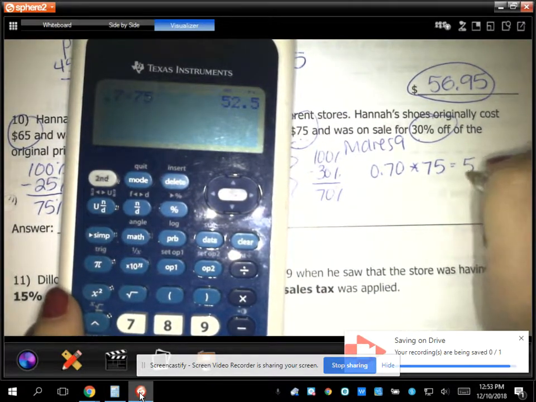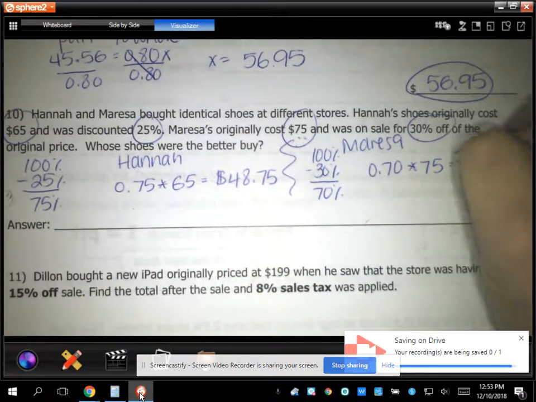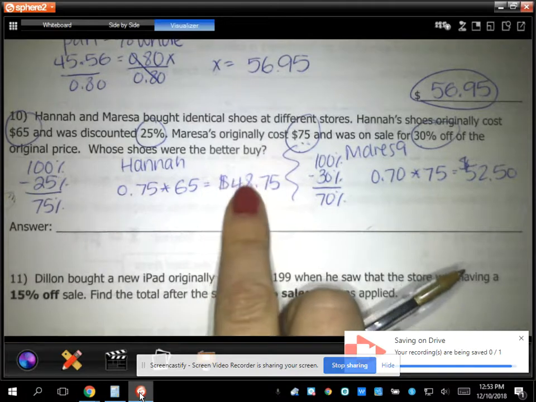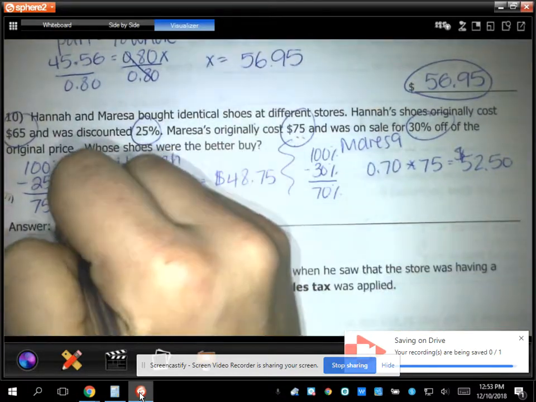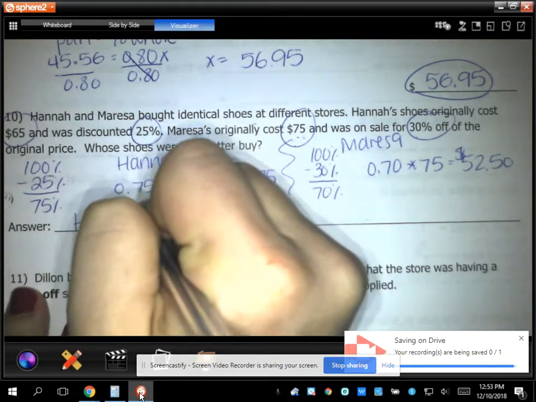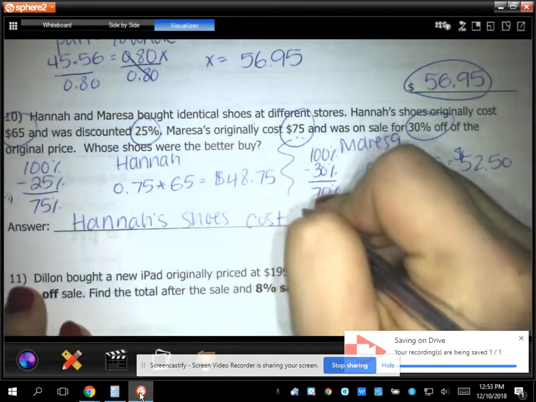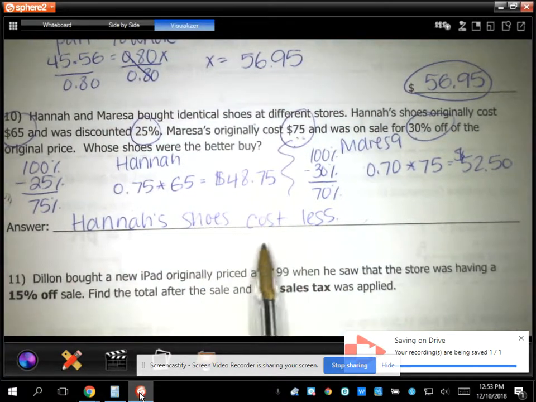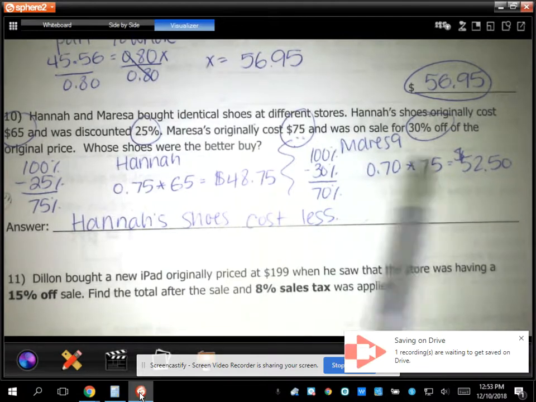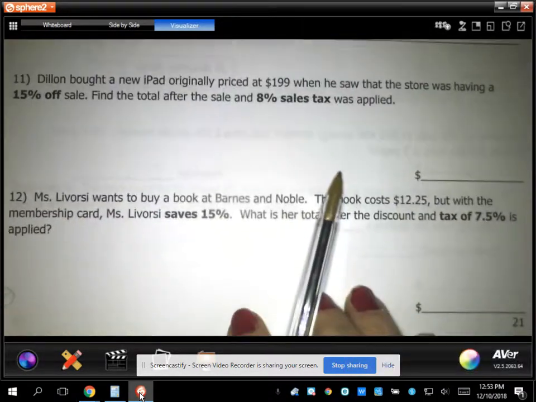And that would be $52.50. So whose shoes were the better buy? Hannah, because they're identical shoes, but Hannah's were cheaper. So I'm going to say Hannah's shoes cost less. Now, I didn't ask you this, but what if I said how much less? Then you would have to do what with these two numbers? You'd have to subtract.